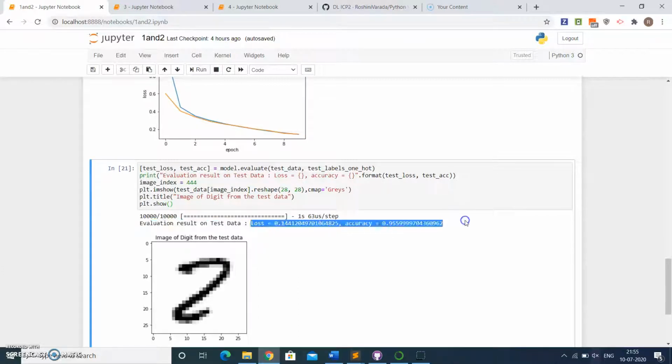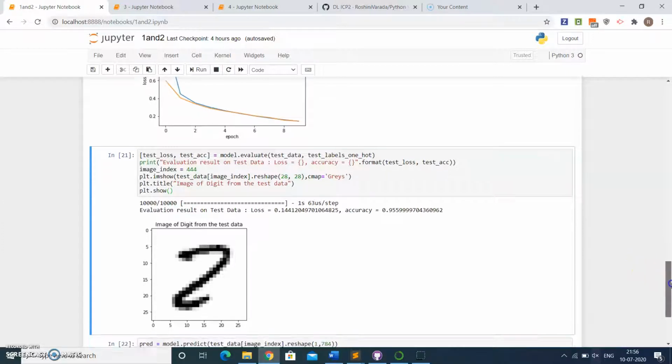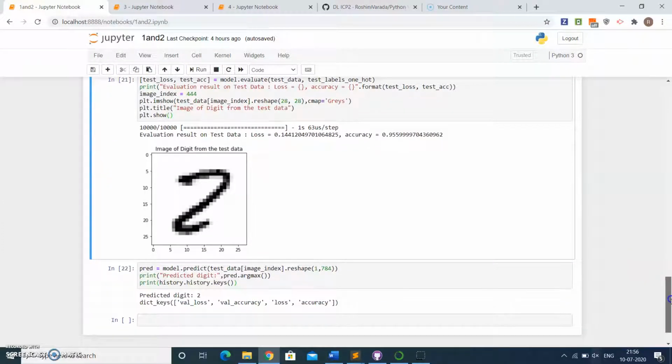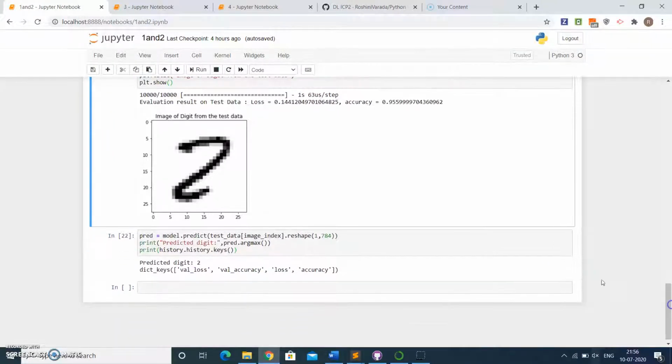The loss which we got is 0.144, and the accuracy is 0.955. After that, the image of the digit from the test data is going to be predicted. And the predicted value, as you can see here, the predicted digit is 2.